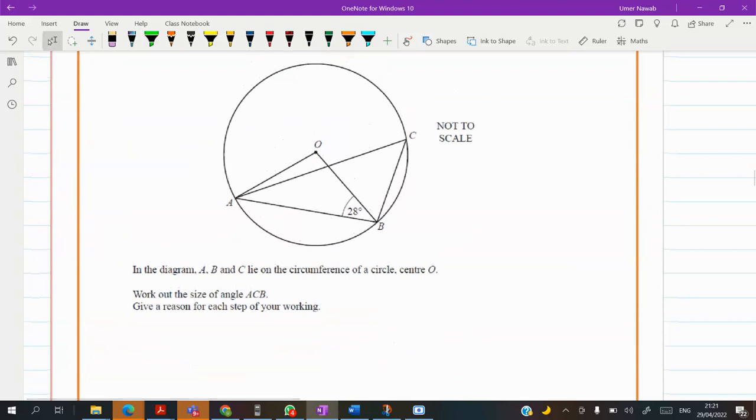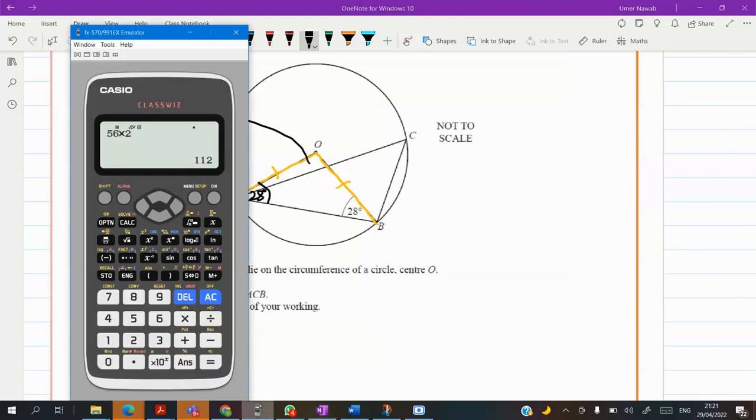Next, will you allow me, guys, to quickly use the isosceles triangle property, because you know that OA is the radius, OB is the radius, so these two sides are the same. So I can say OAB is an isosceles triangle. The opposite angles of an isosceles triangle are the same, 28. I can easily find this angle, 180 minus 28 plus 28. Let me get to the calculator.